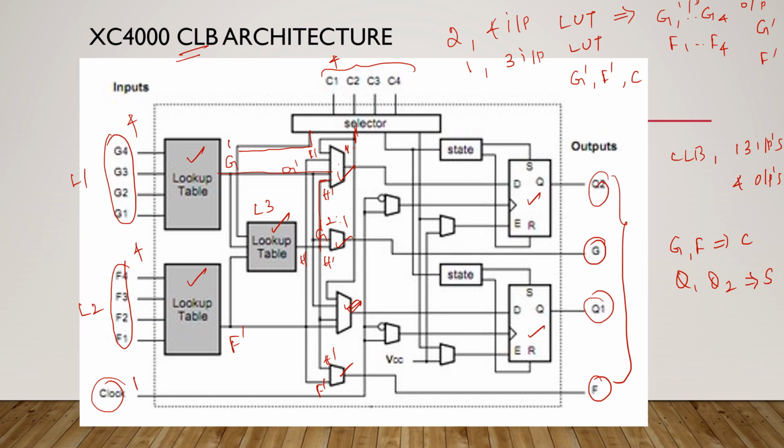Suppose you want to make a D flip-flop, we can use the input data D from any one of the inputs C1 to C4, right? So if you are giving the input D through any one of the C1 to C4 inputs, the whole CLB can act as one flip-flop. So this is the way we can program any kind of CLB to reconfigure according to your expression, that is Boolean functions. Thank you.